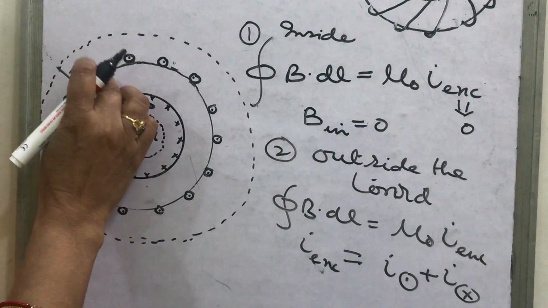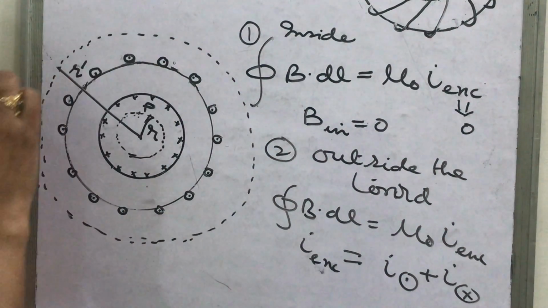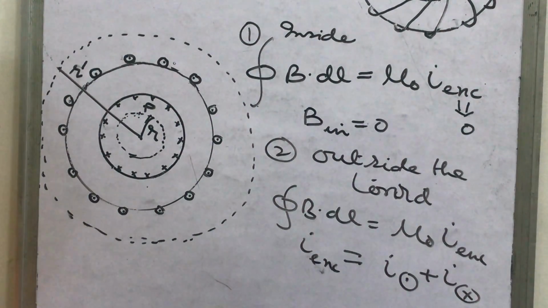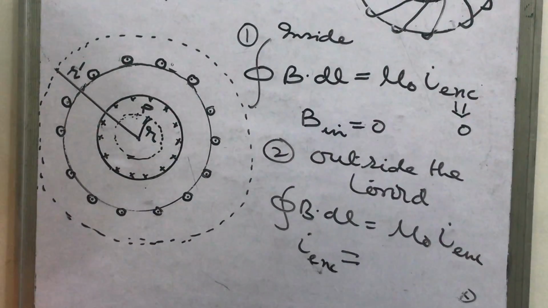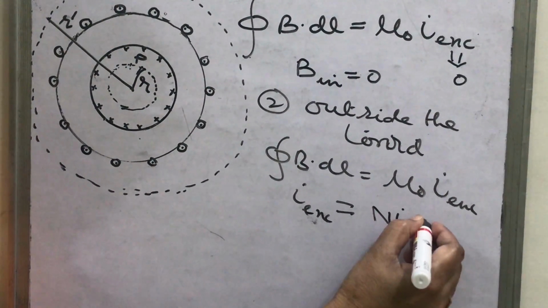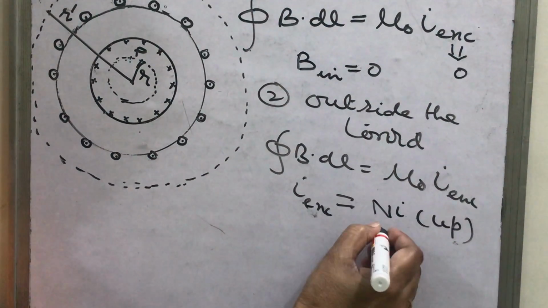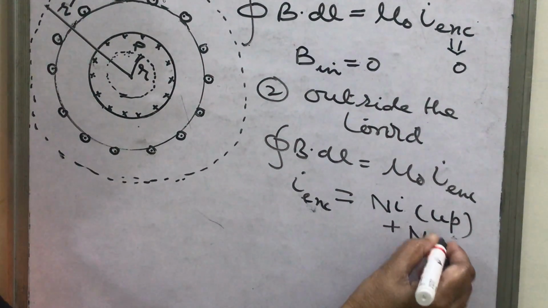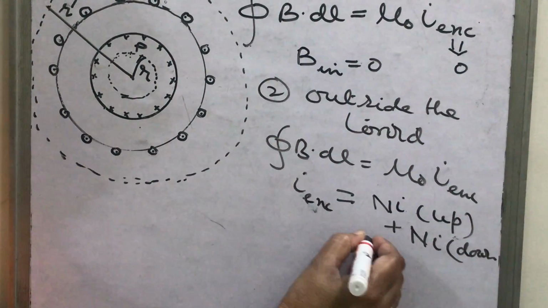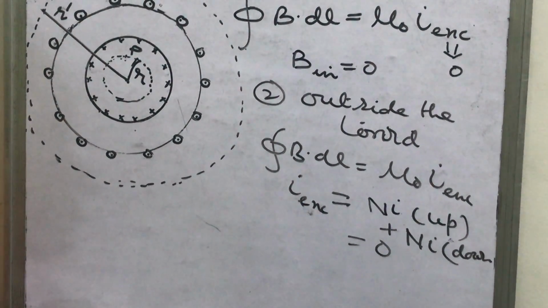That is, the current upward is the same as the current downward, or you can say the enclosed current is Ni upwards plus Ni downwards, where N is the number of turns. So it becomes 0.